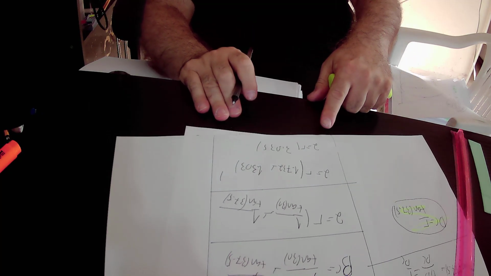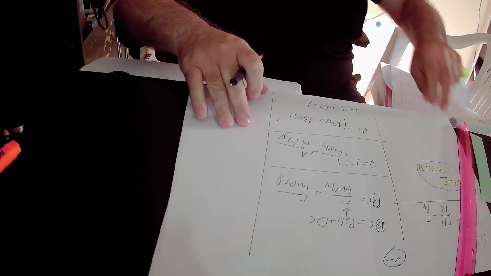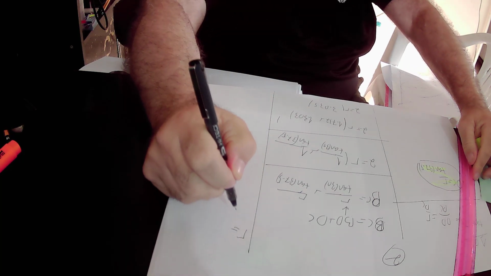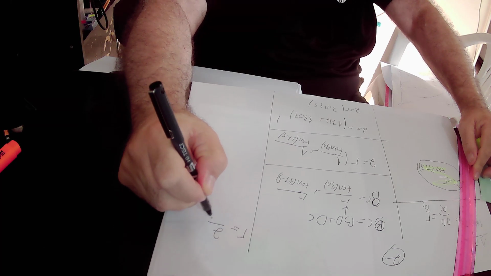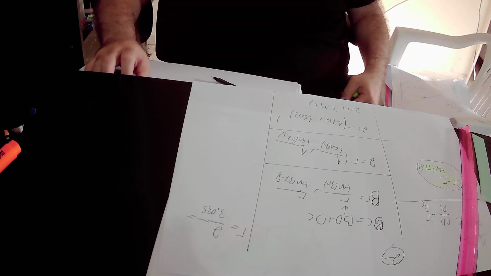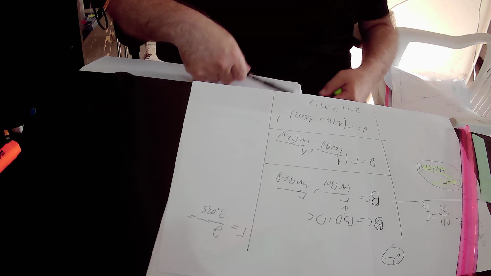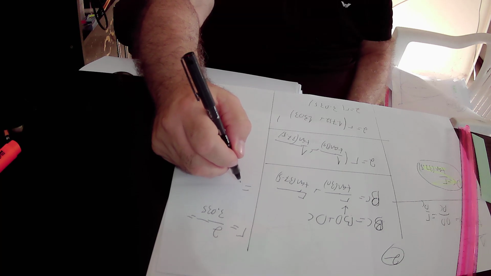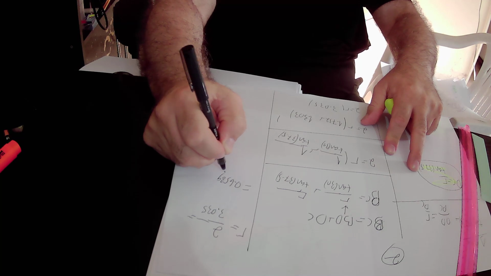Here we divide this equation by 3.035, and we get that the radius equals 2 over 3.035, which is equal to 0.6589 units.